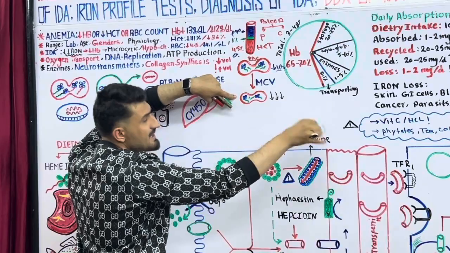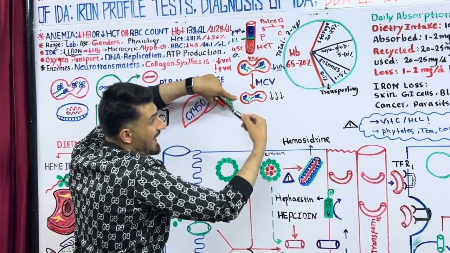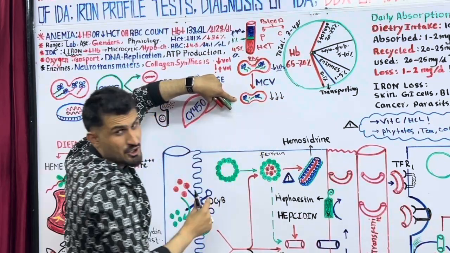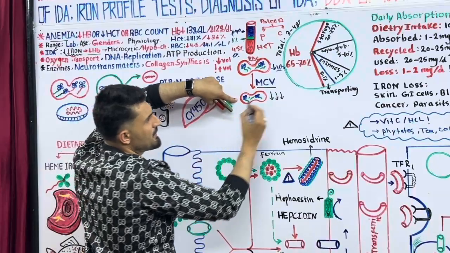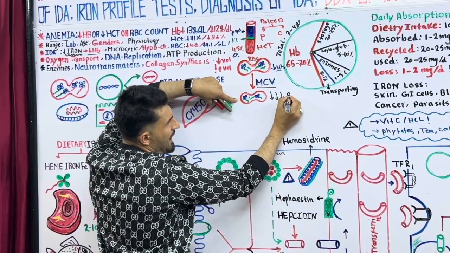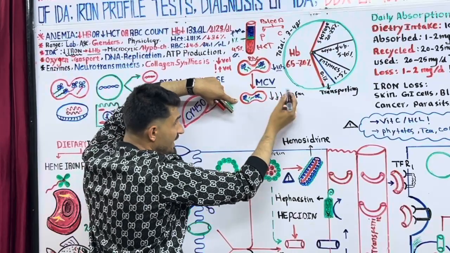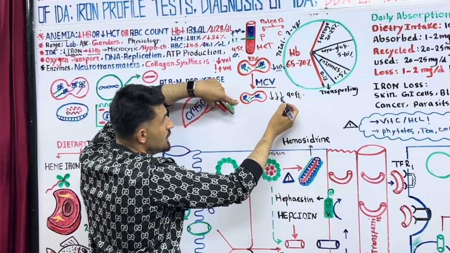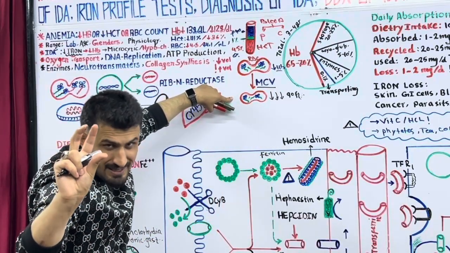In the next point, I'll tell you during proliferation why in iron deficiency anemia the normal size of RBC drops. For example, the normal size of RBC is around 90 femtoliters. When it drops below 80, this is called microcytic. It means the RBC size is small.